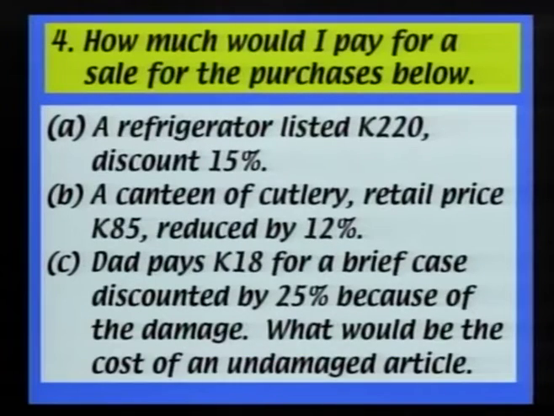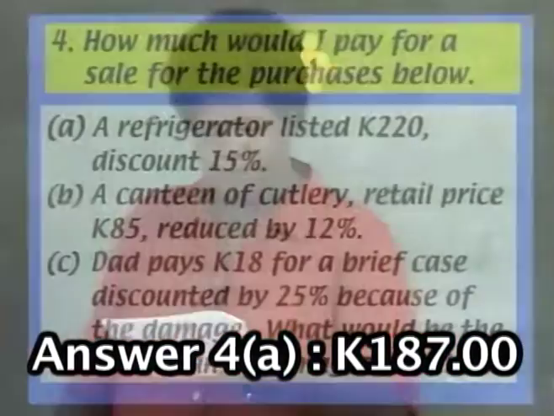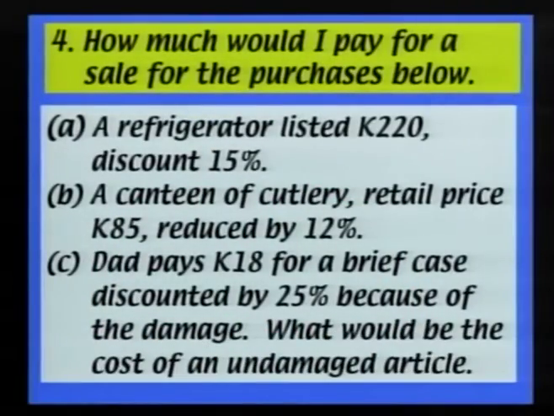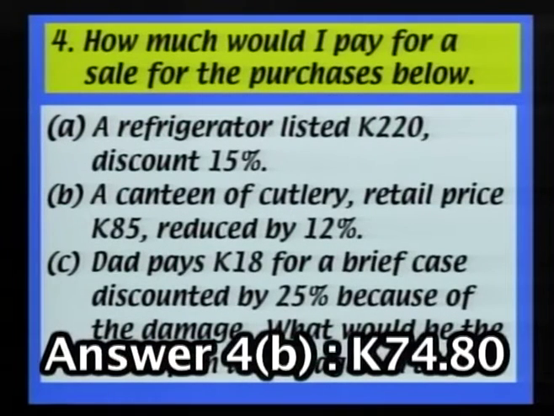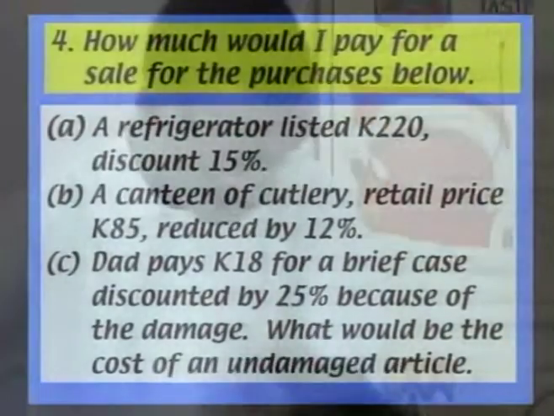Next one, number 4A, Kila. 187 kina. 187 kina is correct. Siegfried, B. 74 kina 80 toya. Correct. C. Livingston. 72 kina.